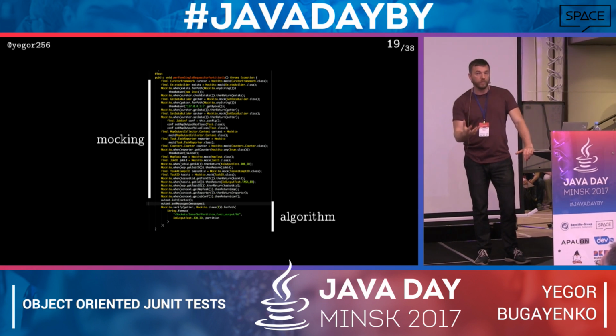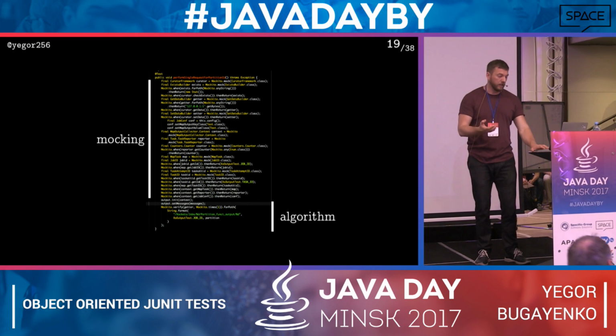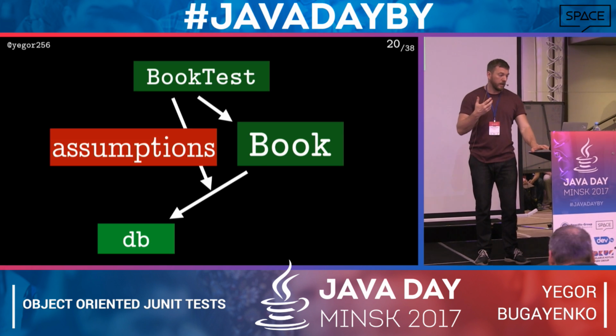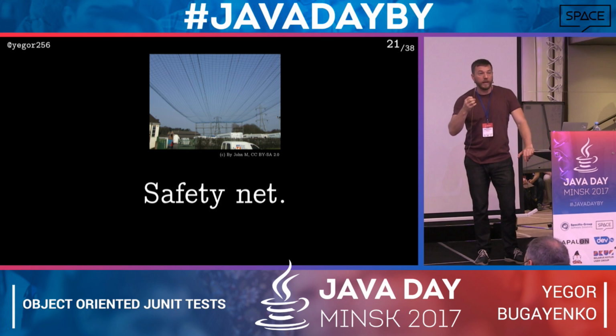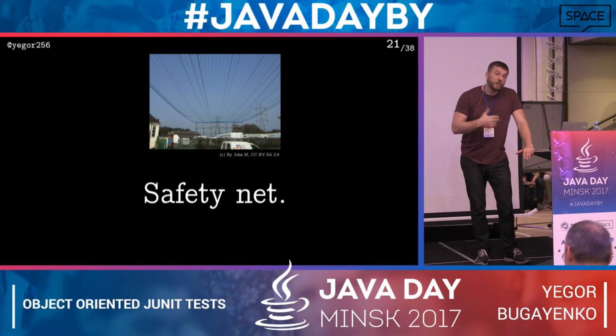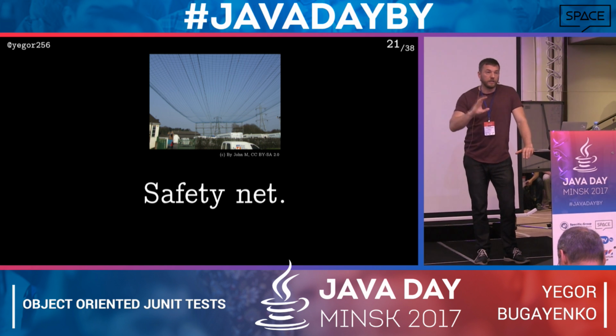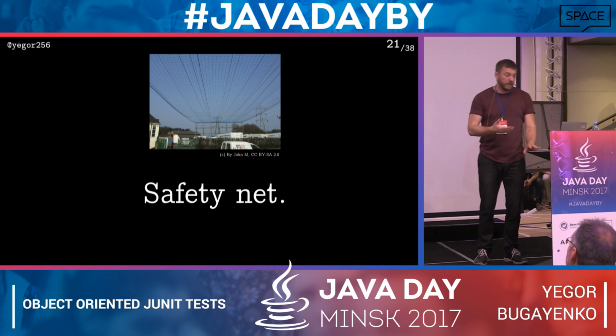So that's what the unit test is for, to give me two signals. When I change something and the code is still okay, all the tests are green, I have the confidence that I can continue and deploy to production. Or it gives me the red light and says, no, you just broke one test, I know that I actually broke something. So this is what the safety net is for.